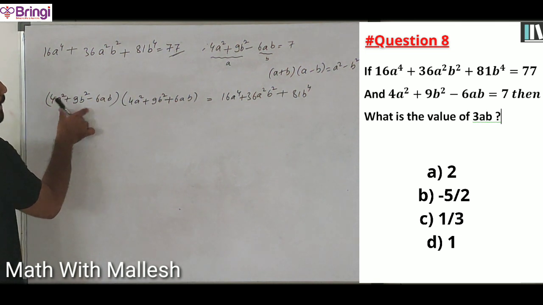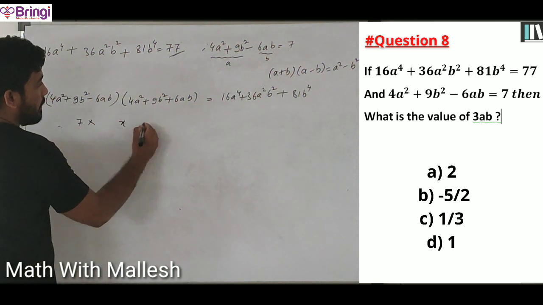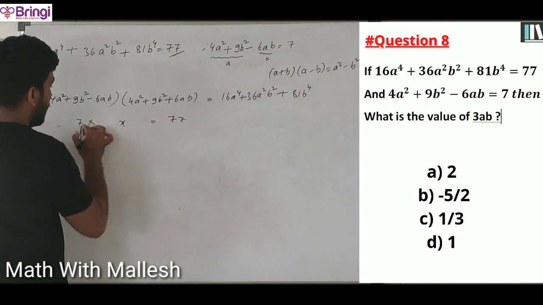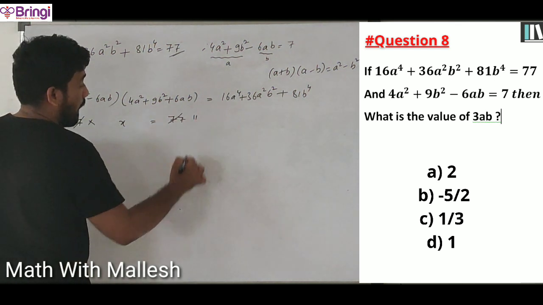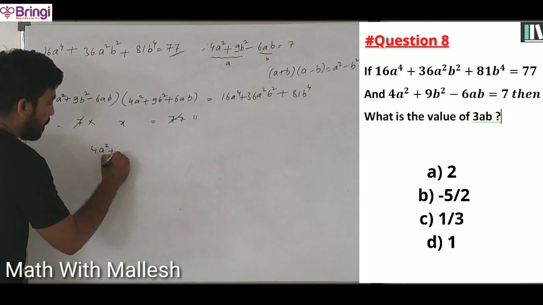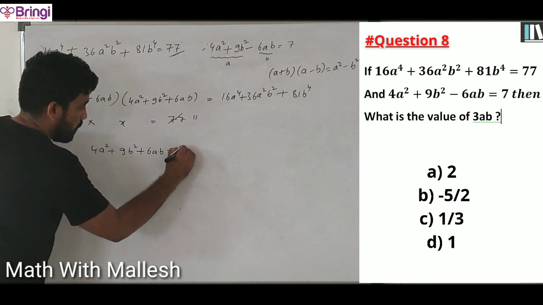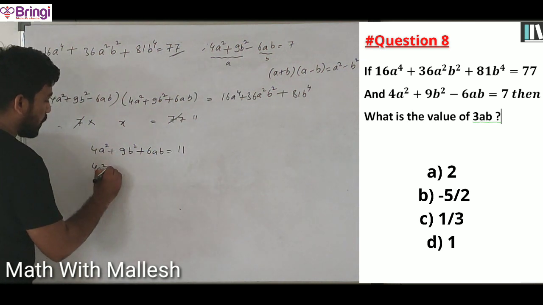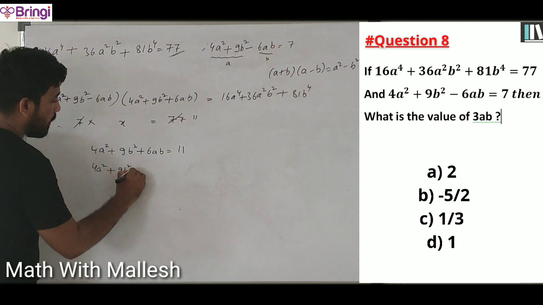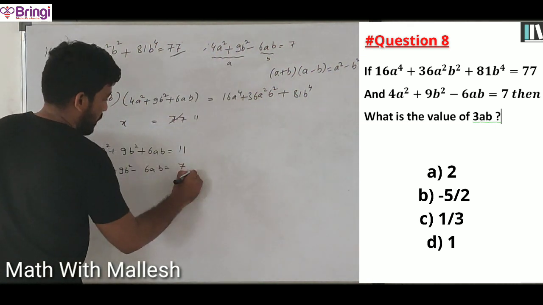So this value they have given as 7 into, let us say, x is equal to 77. So 7, 77, 11 times will cancel. It means 4a square plus 9b square plus 6ab is equal to 11, and 4a square plus 9b square minus 6ab is equal to 7.